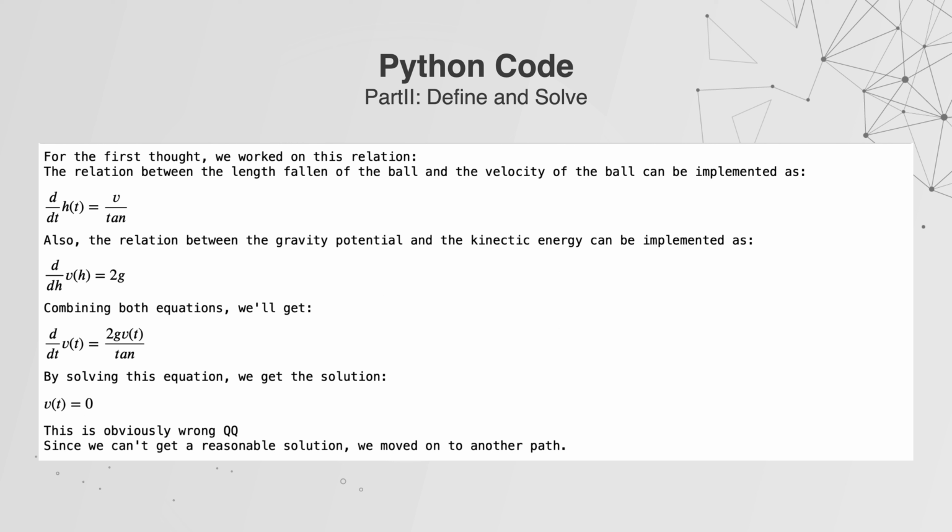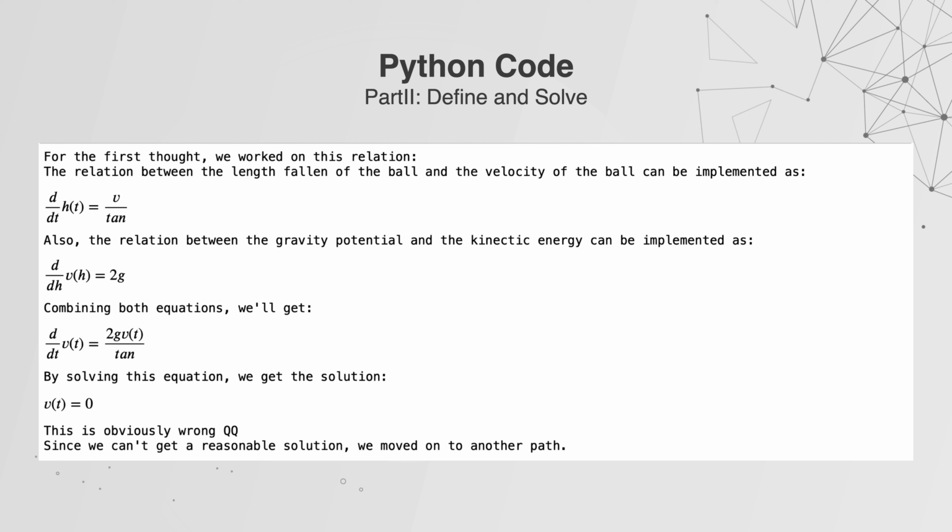The first equation is dh over dt equals the velocity over tangent theta, and this equation came from the triangle that the ball creates while it moves forward. Actually, it's a circle, but in a very small time, it looks like it moved forward and also dropped a little distance, so we get a triangle.